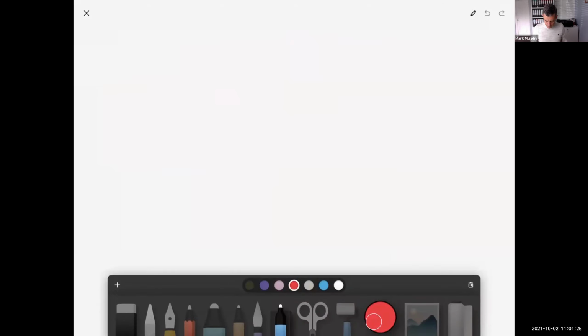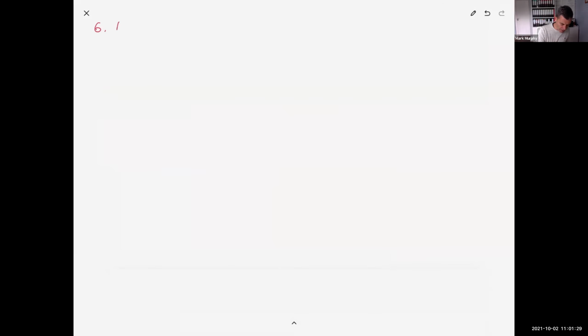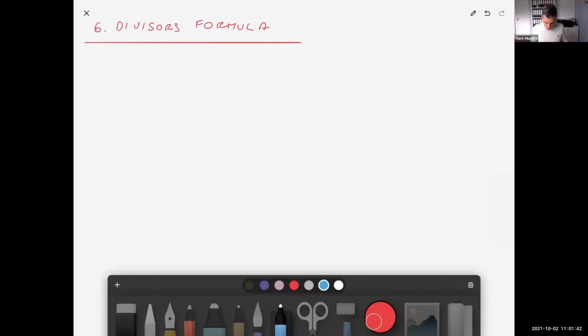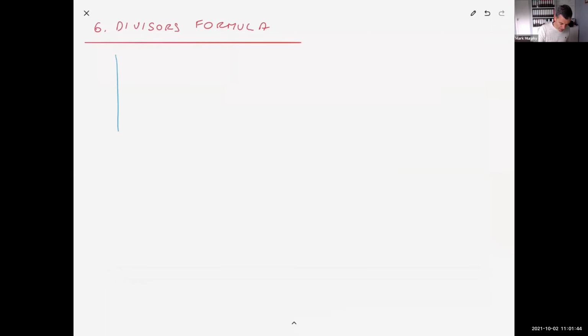Okay, 2 more to go. So number 6 is the divisors formula. So we have a y-axis, x-axis.